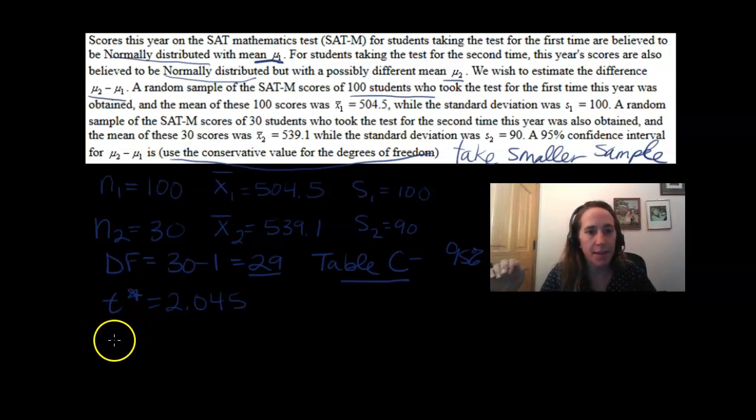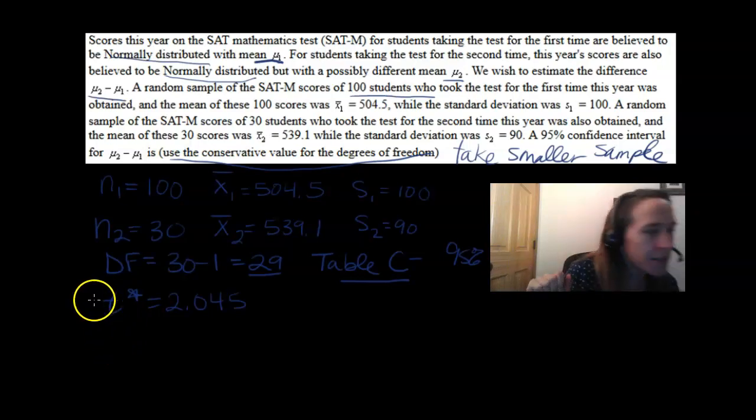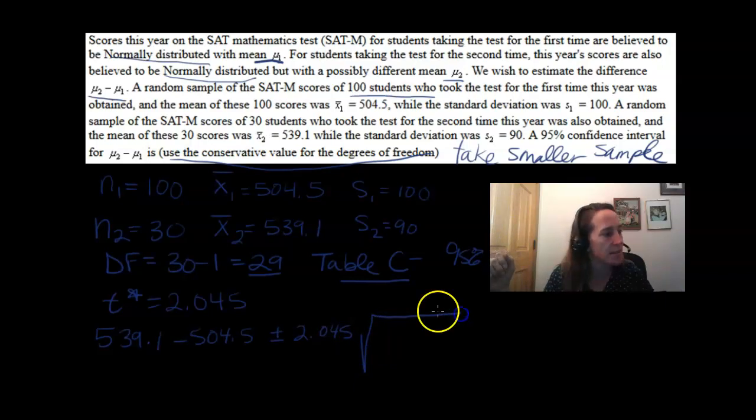So we're going to take the difference in the two means, which is going to be 500. I'm going to take the bigger one first. It doesn't matter necessarily, but I want a positive 504.5 plus or minus my critical T value, which is 2.045. And then you have a big square root. All of this stuff goes into the square root.